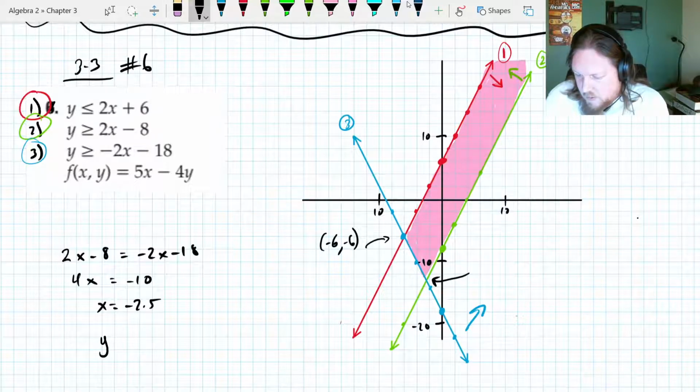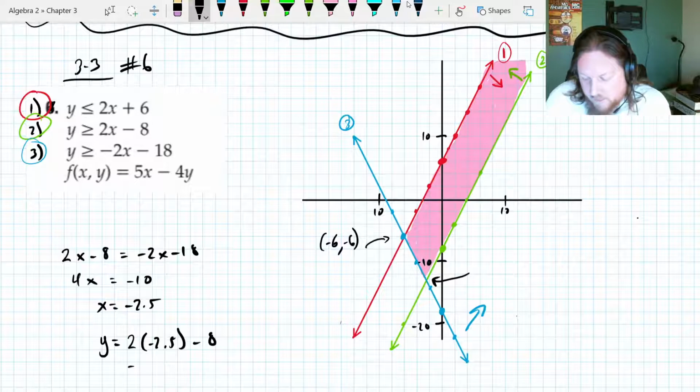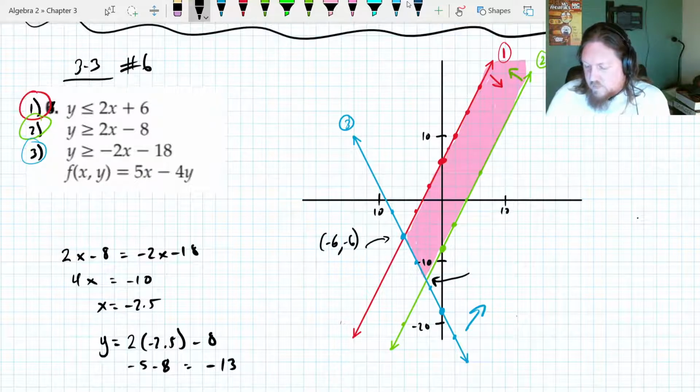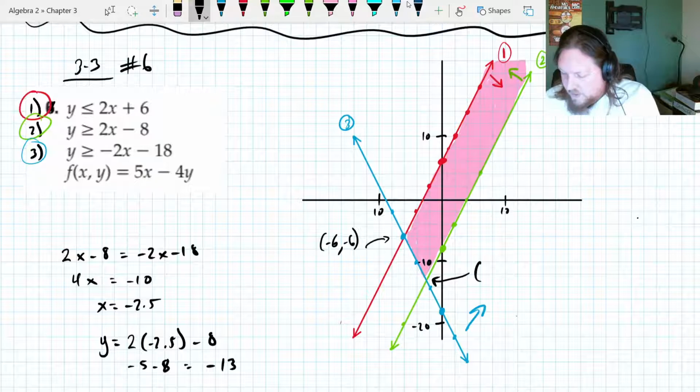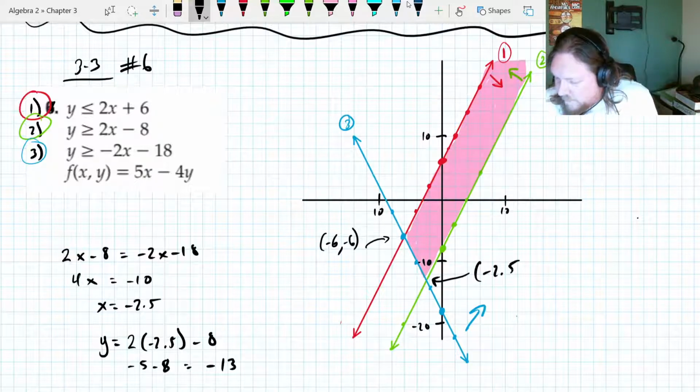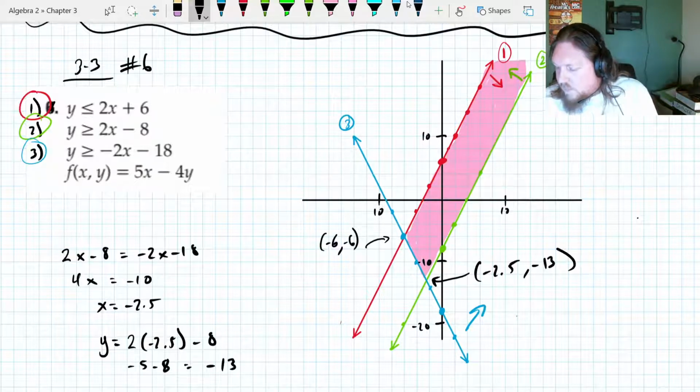What about equation 2 there? 2 times negative 2.5 minus 8. That would be negative 5 minus 8, or negative 13, right? 2 times 2.5 is negative 5. Minus 8 is negative 13. Okay, yeah. So this point here should be negative 2.5, comma, negative 13.